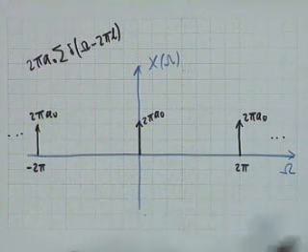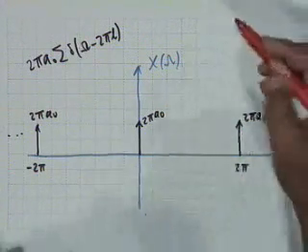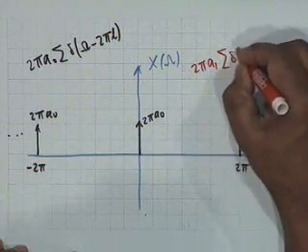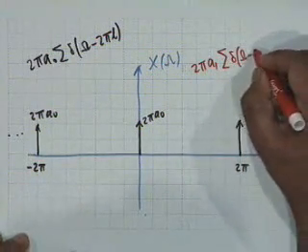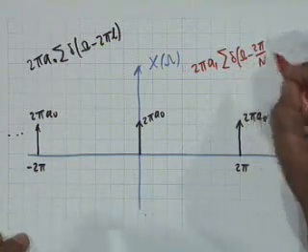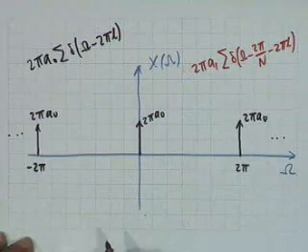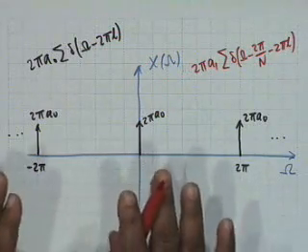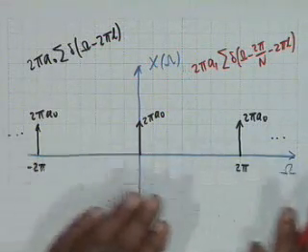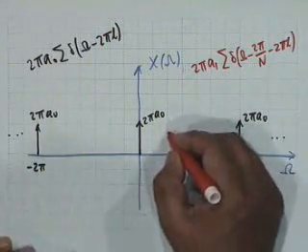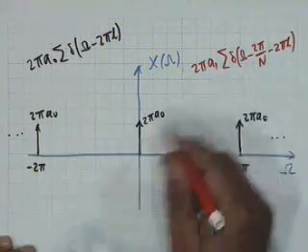Let's use a different color. The second term is 2 pi a1 summation delta omega minus 2 pi by n minus 2 pi L. All right. The only difference is that this spectrum is shifted to the right by an amount 2 pi by n, and of course the strength is different, 2 pi a1 instead of 2 pi a0.